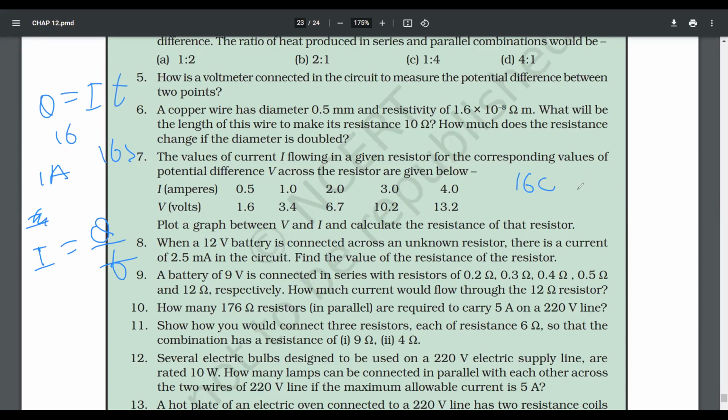To find the amount of electrons, we use Q is equal to NE, because we know the charge on the electron is 1.6 times 10 to the power minus 19. And we know that coulombs is 16. So 16 by 1.6 times 10 to the power minus 19 will be equal to number of electrons. So when we do that, this will be 10 to the power 20 electrons, N.